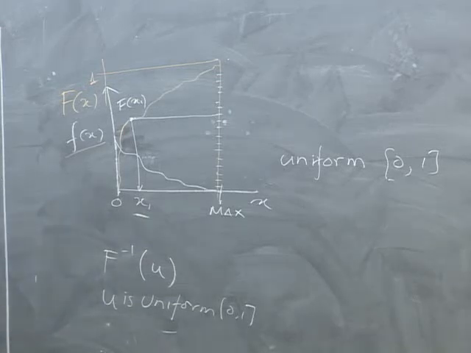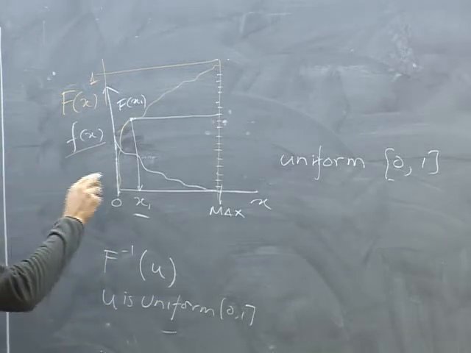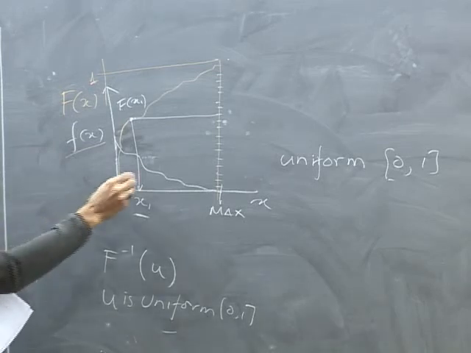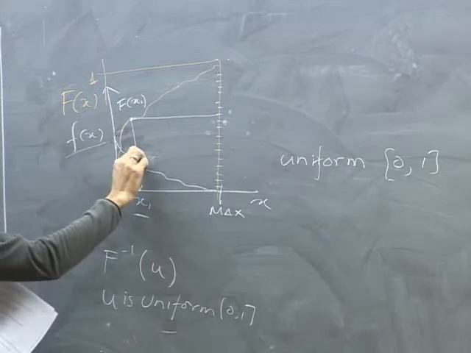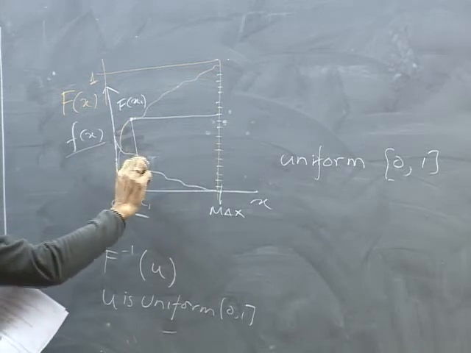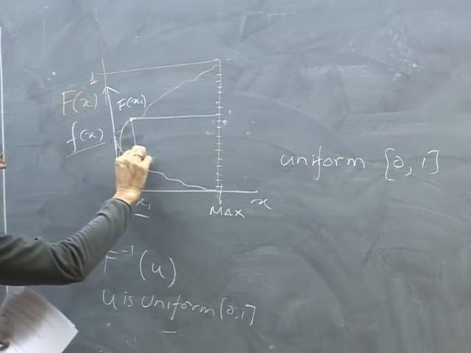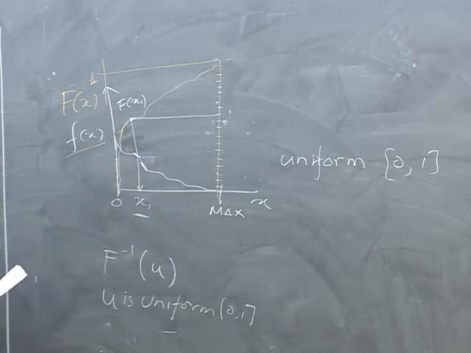To see this, you have to understand what the capital F of x is telling you. So let's say you have a certain amount of mass over here, so density in this range right here. Maybe I should choose this range right here. The density function, so let me get this exactly straight.